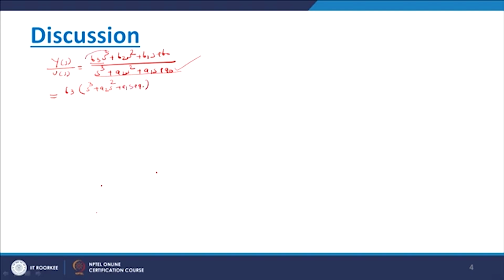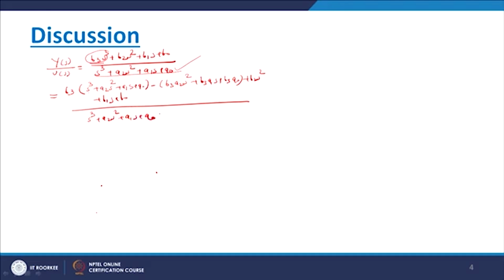What we want is b3 s cube, so since this additional term was added, we subtract these terms as b3 a2 s square plus b3 a1 s plus b3 a0. If you make the subtraction, we get the same b3 s cube plus b2 s square plus b1 s plus b0, divided by s cube plus a2 s square plus a1 s plus a0.